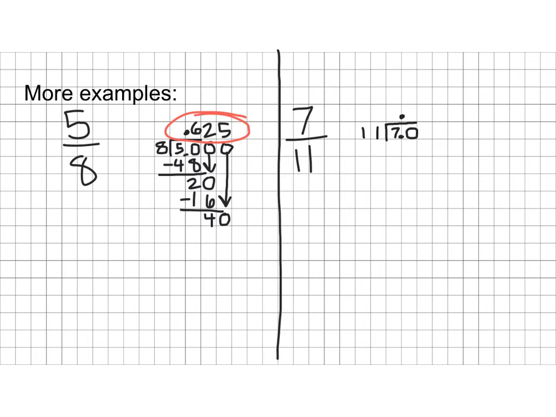All right, so some of you might want to have written out your 11s. I have my 11s memorized because they repeat so nicely. So I know that 11 goes into 76 times, because that's 66. And I know that 11 goes into 43 times, because that's 33.